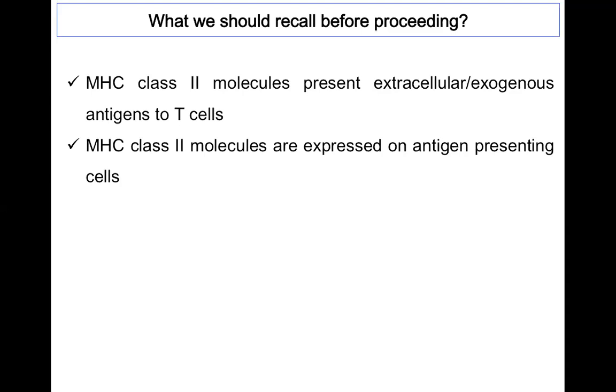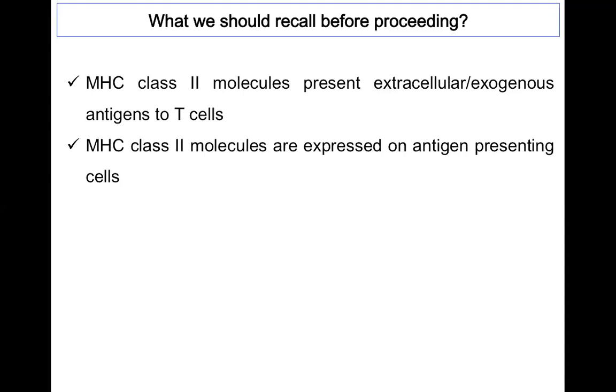The next thing we have to memorize is that MHC class 2 molecules are expressed on antigen presenting cells. If you remember the last lecture, MHC class 1 molecules are expressed on nucleated cells, but in the case of class 2 MHC molecules, they are expressed on antigen presenting cells.